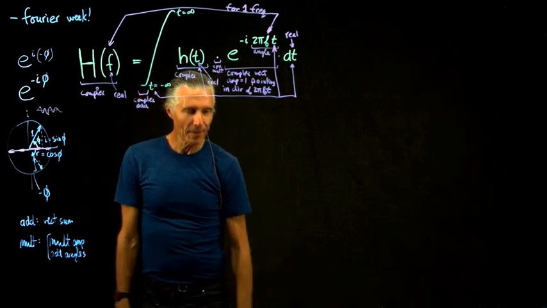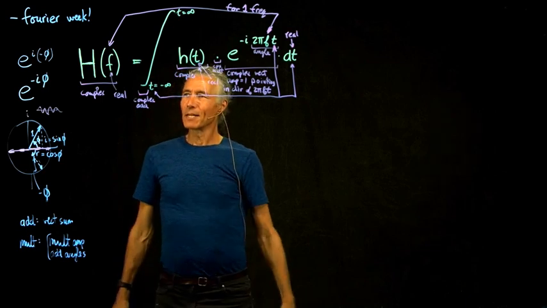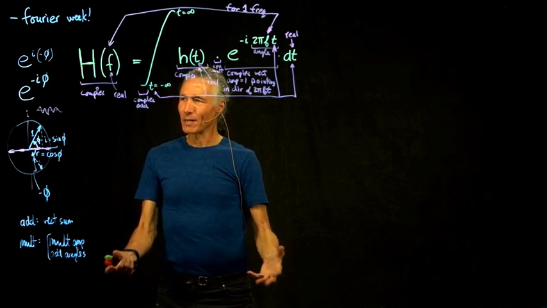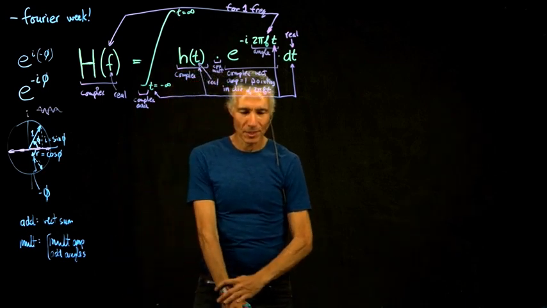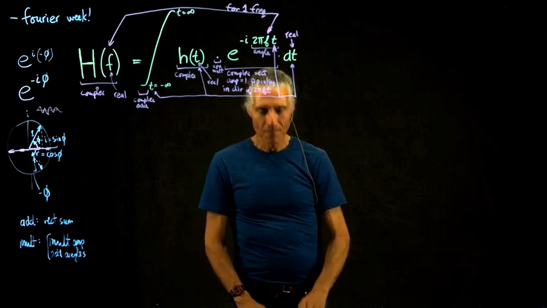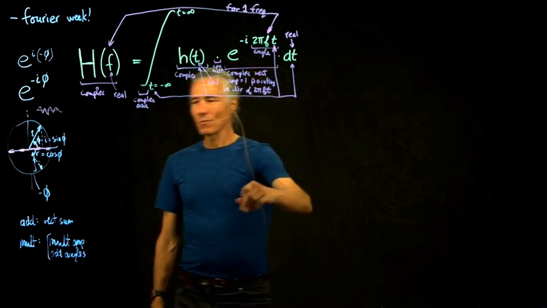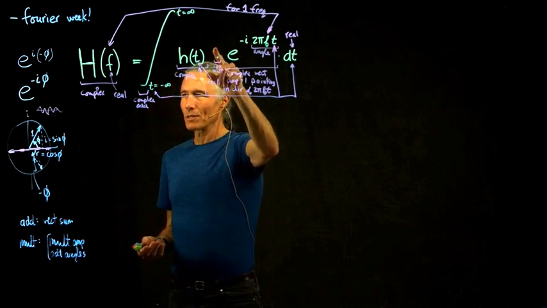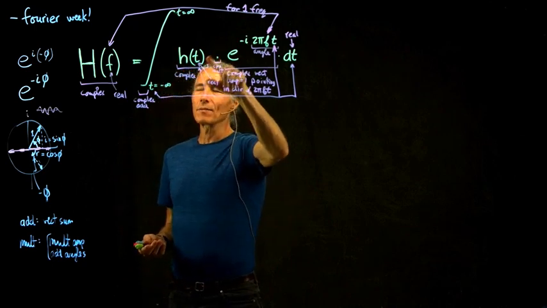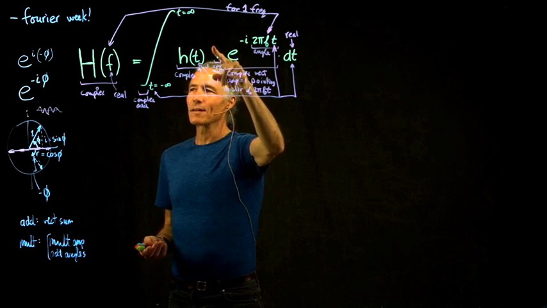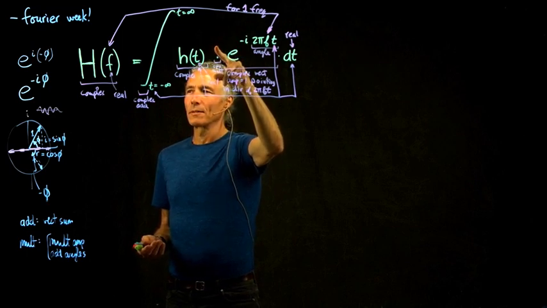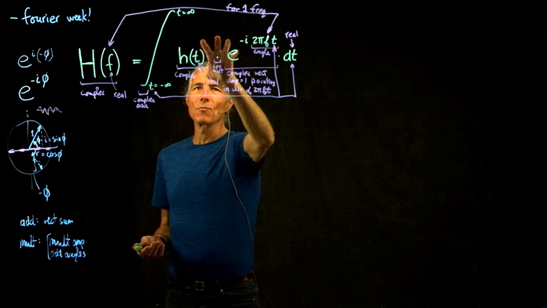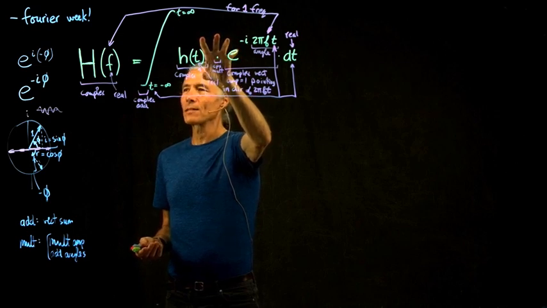So now the plan is, what does it mean concretely with a real signal? The first thing we can do is to write out in detail what multiplications of real numbers you need to do for one of these terms in the sum.